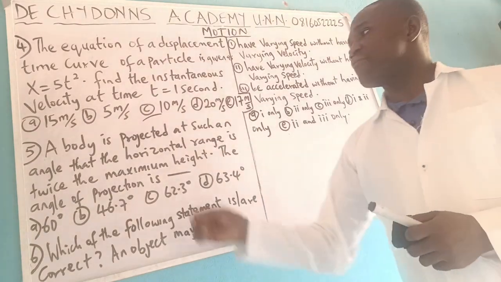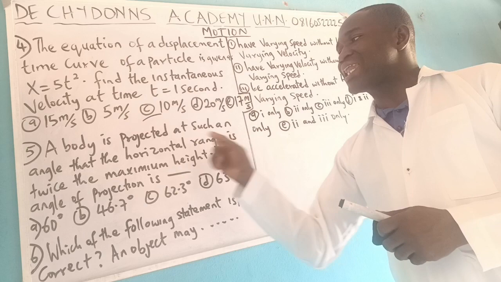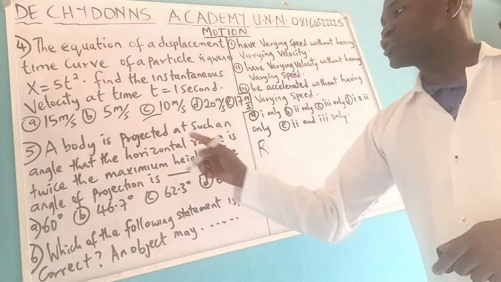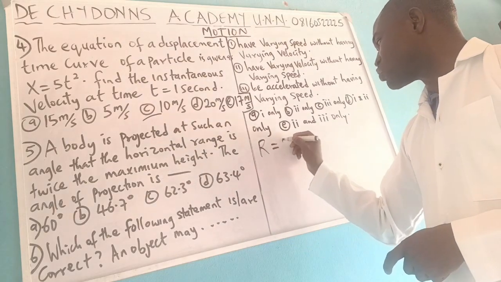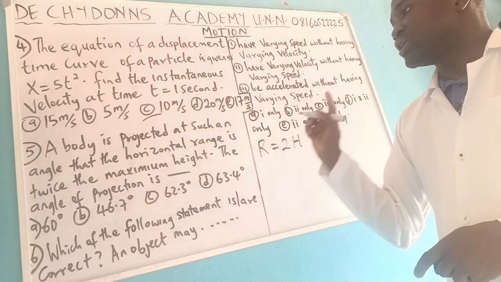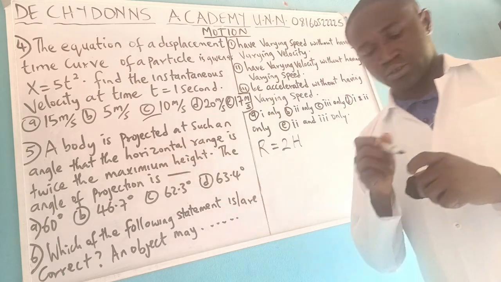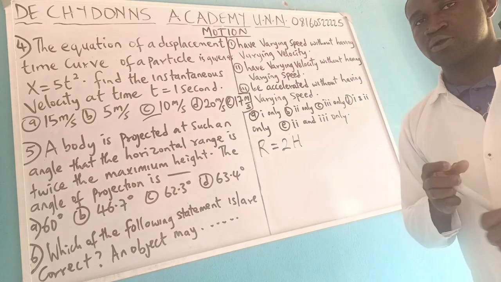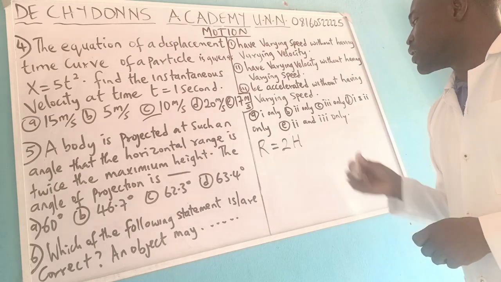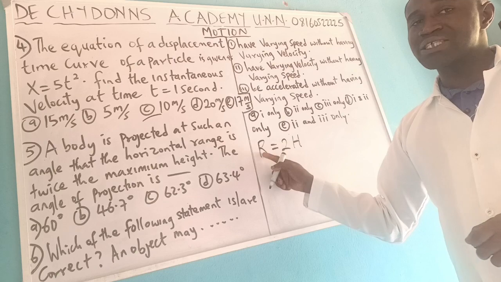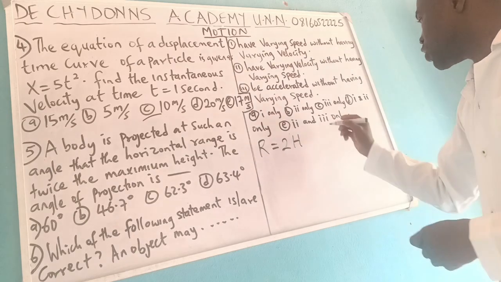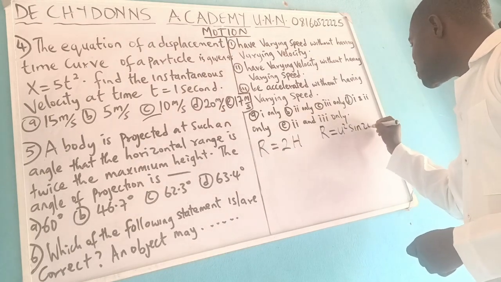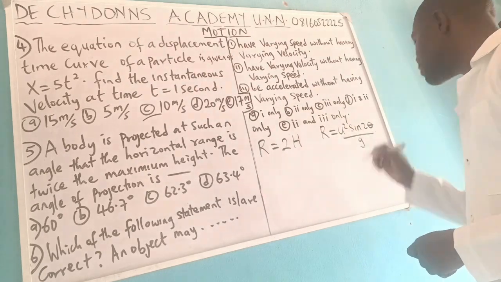In question number 5, a body is projected at such an angle that the horizontal range, which we denote as R, is twice the maximum height, R equals 2H. The angle of projection is what? As I want to solve this, please have this information. We know that the horizontal range is R equals u square sine 2 theta all over g.